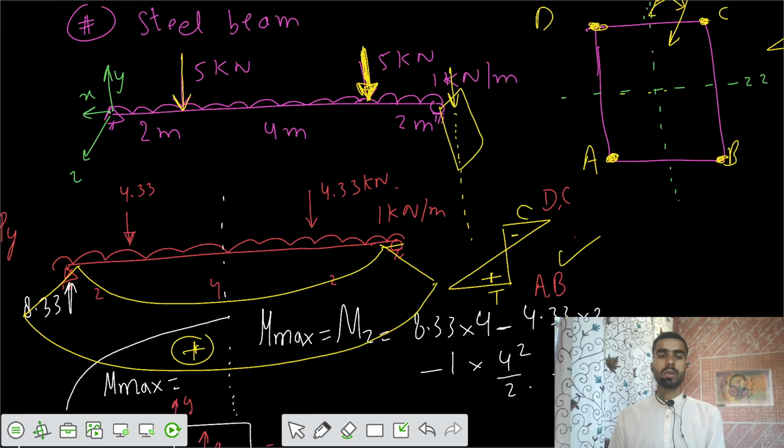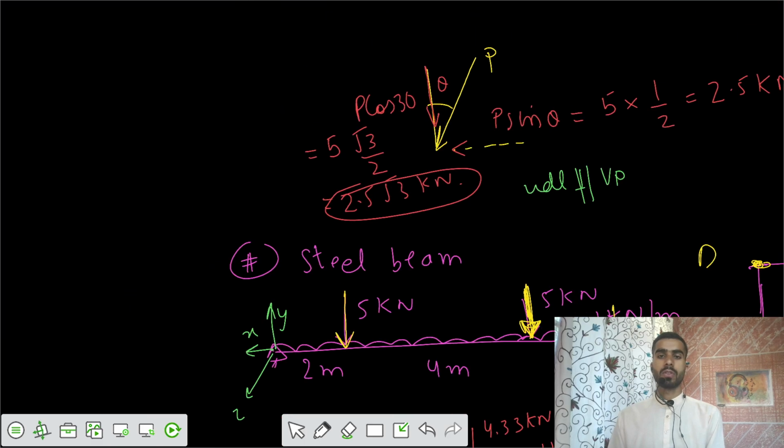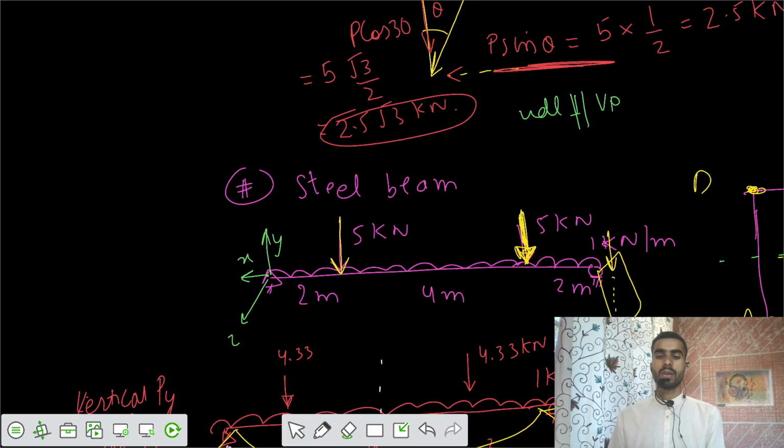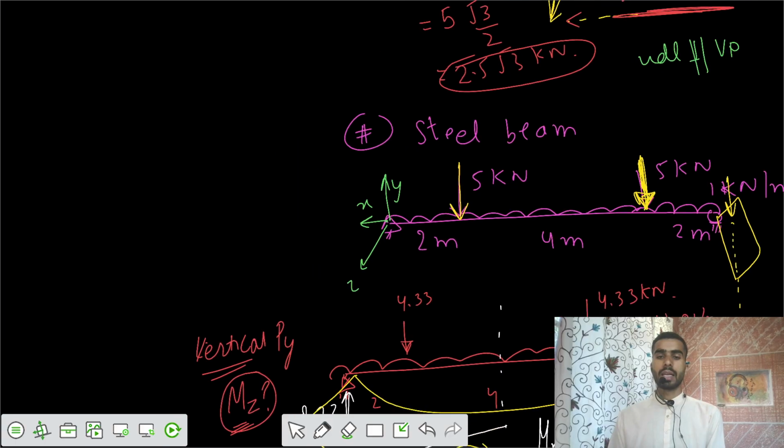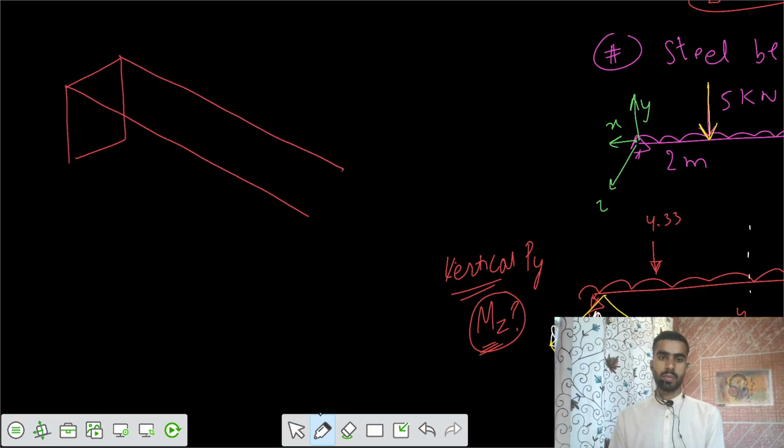Now if you talk about the loading in the ZZ axis, the component along the ZZ axis was P sine theta. There is no other load acting in that direction. So let's say this was the beam.